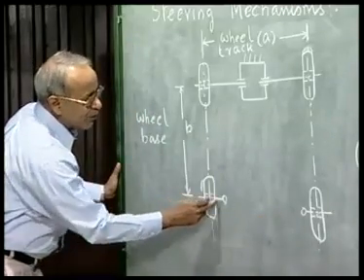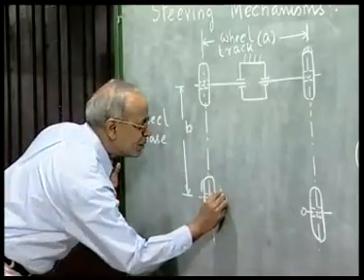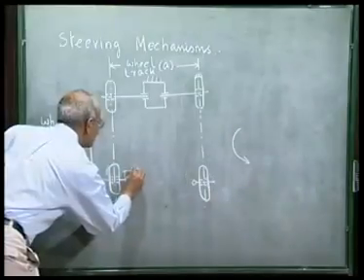As we see, the front wheel axles are mounted on these pivots on the body of the automobile.